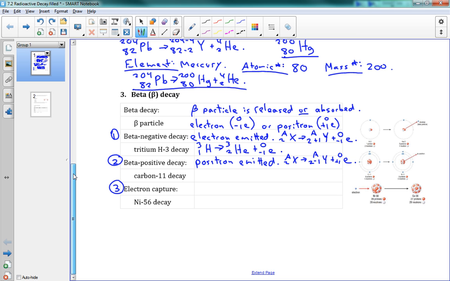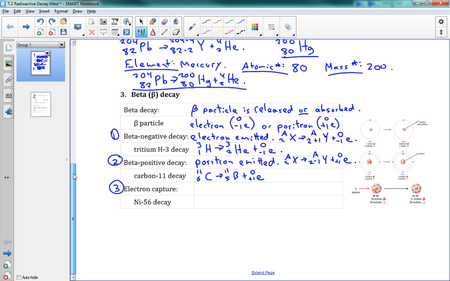And so an example of this is our carbon-11 decay. This is a thing that happens in nature. So carbon-11, 6 11 carbon, goes to 5 11 boron plus our +1 0 positron.